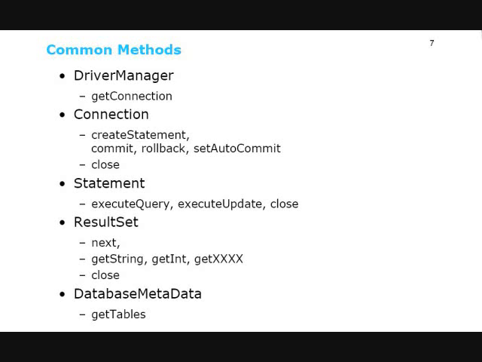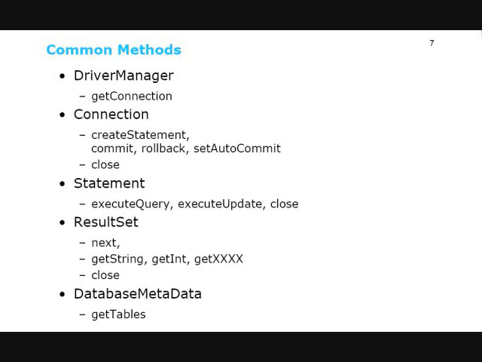And then we have a series of get methods, which allow us to get whatever is in the results that are being given to us. So we could get a string, get integer, get all the different types to actually access the result set data and put it in a variable that we're then going to display in the program. And we also have, as I said, access to the database metadata and the result set metadata. So we have get table methods that allow us to access that.